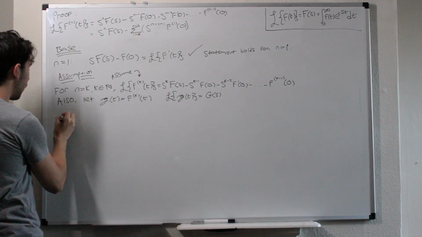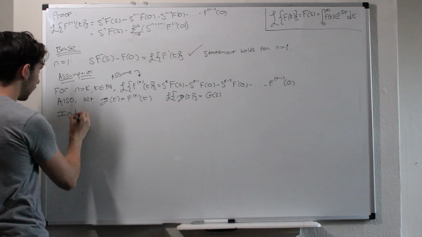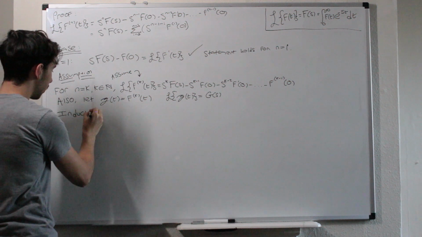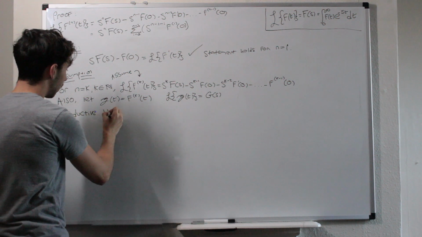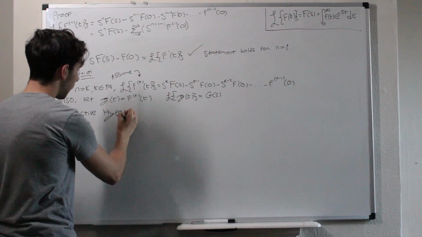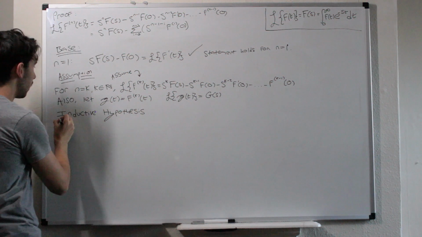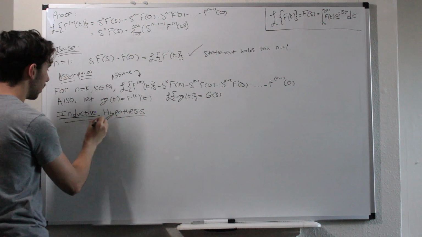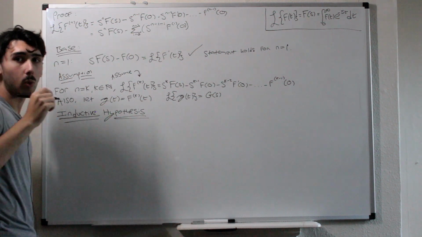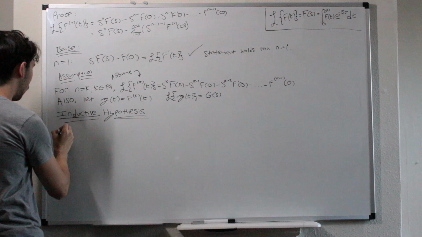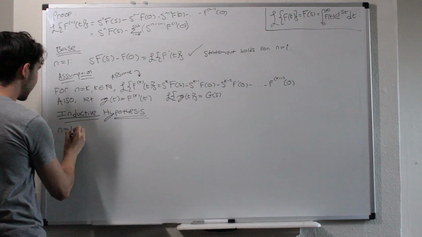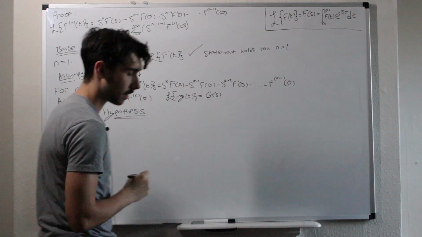Lovely. Okay. Now for the fun bit. This is the induction, or the inductive hypothesis. This is the cool bit. Okay, so what are we going to do here? Well, here we want to see what happens when n is k plus 1.